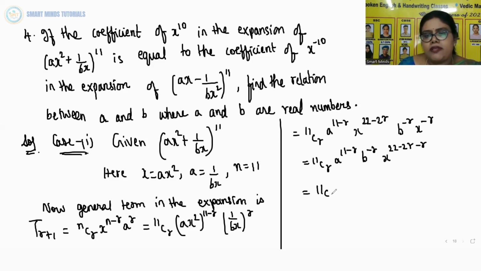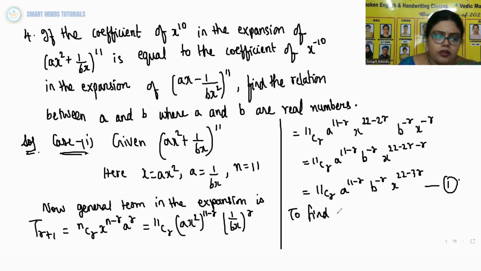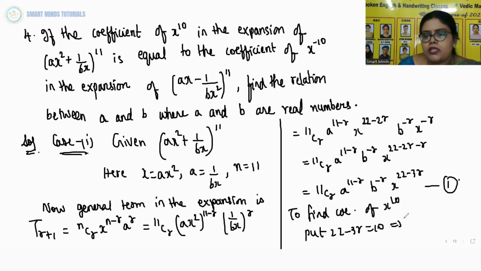So that is 11Cr a power 11 minus r b power minus r x power 22 minus 3r. Let's say this is equation number 1. Now to find the coefficient of x power 10, you put 22 minus 3r is equal to 10. So 3r is equal to 12 and r is equal to 4. So we got the r value this way.